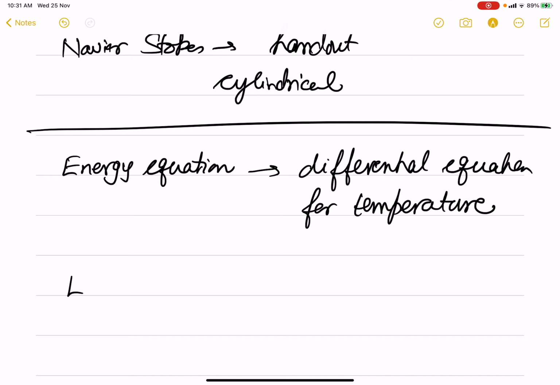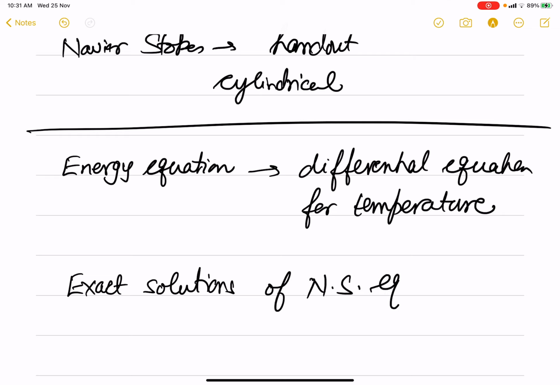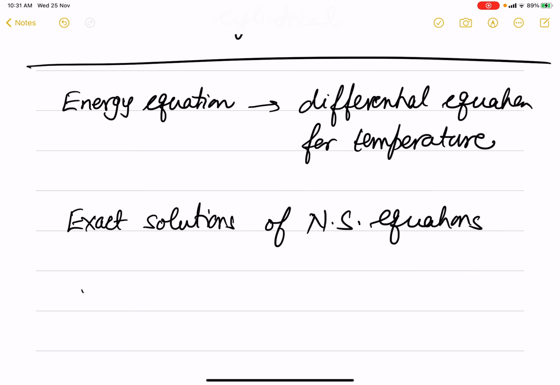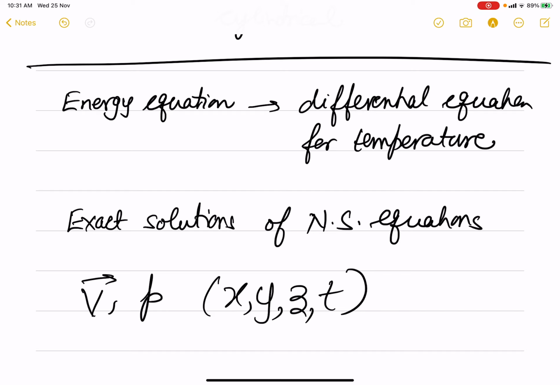I'll just lead into what we will do in the next 1 or 2 classes. In the next 1 or 2 classes, we will try to study the exact solutions of the Navier-Stokes equations. As we have seen, exact solutions means we will try to find the velocity field and the pressure field, which in Cartesian coordinates would be functions of x, y, z, t for some flow configurations.